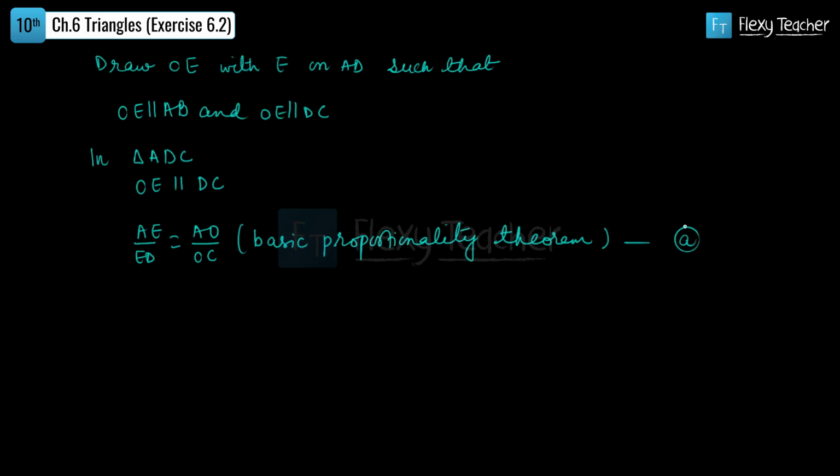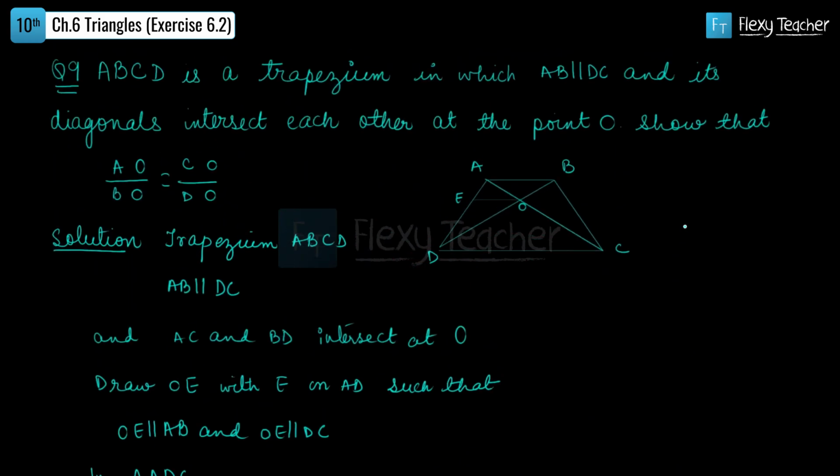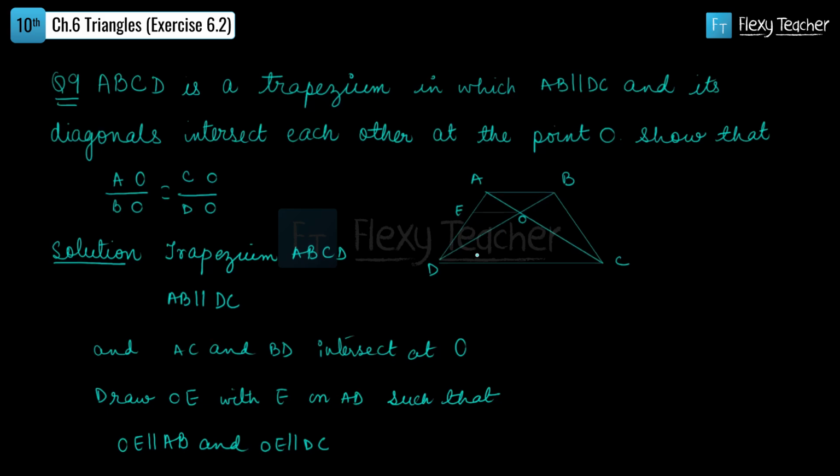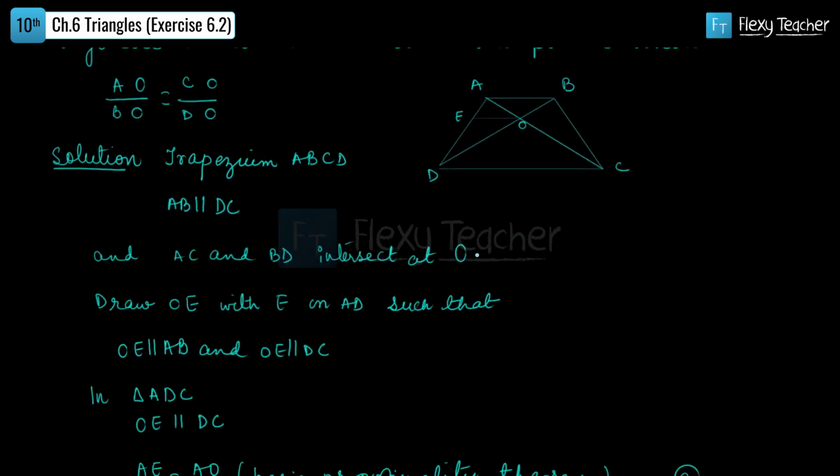Now let us see triangle ABD. In triangle ABD, OE is also parallel to AB. We first talked about triangle ADC, now we'll talk about triangle ABD.